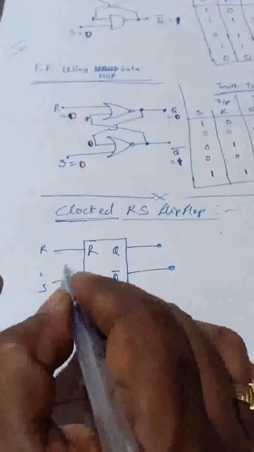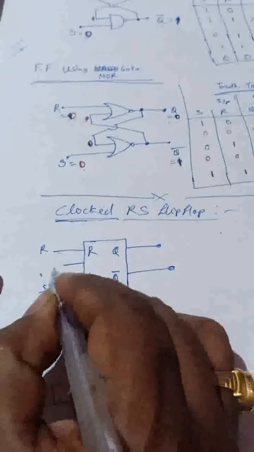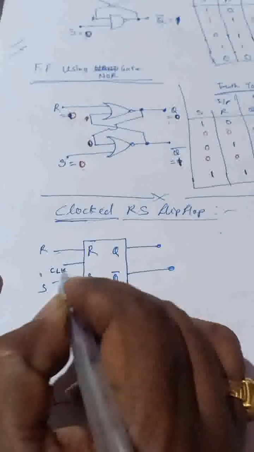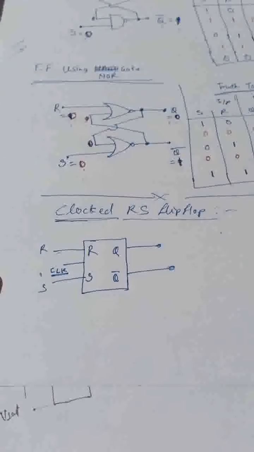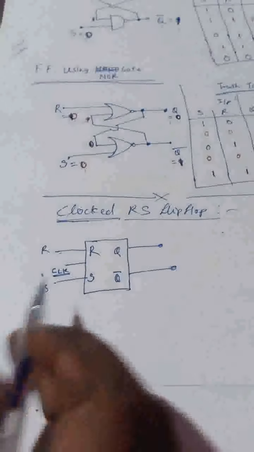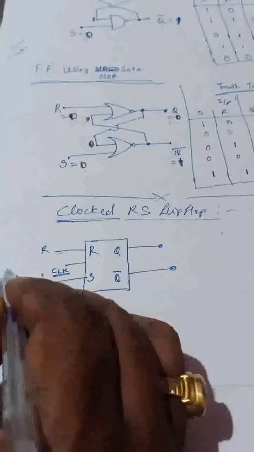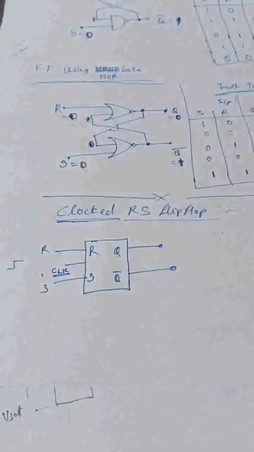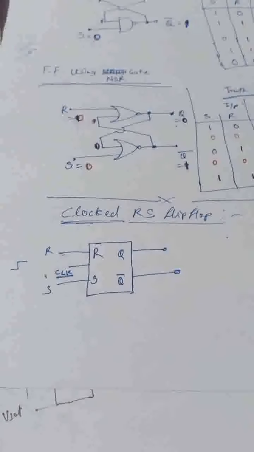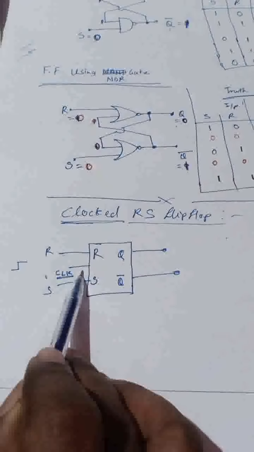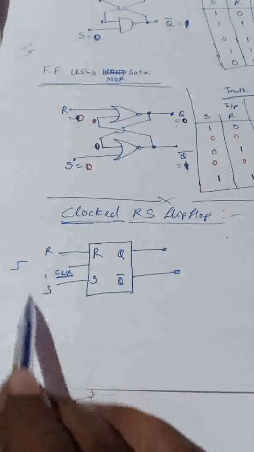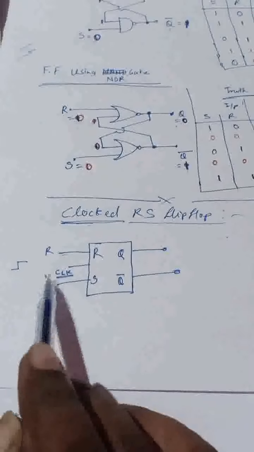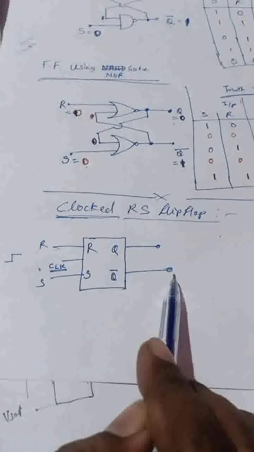We use another input which is called the clock. On this input you have to apply a pulse, so that when we apply a pulse, whatever changes in the RS are transferred to the output.